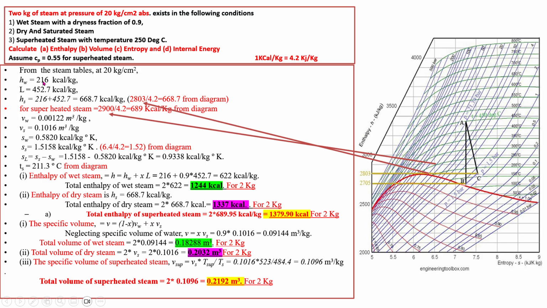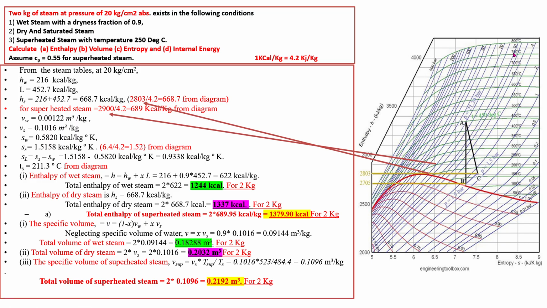Hw is equal to 216, and L is the latent heat, that is the sensible heat and the latent heat. So what is the total heat? Sensible heat plus latent heat will give you 668 kilocalorie per kg.